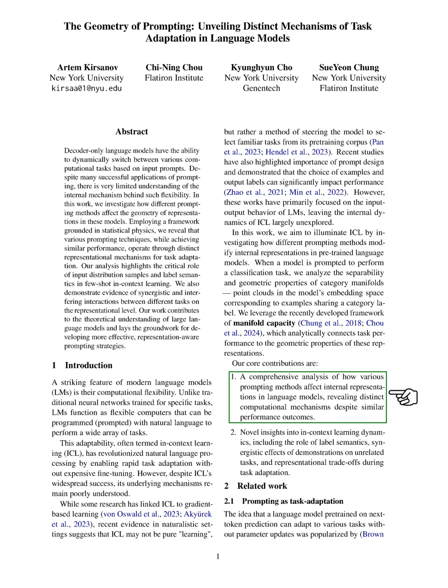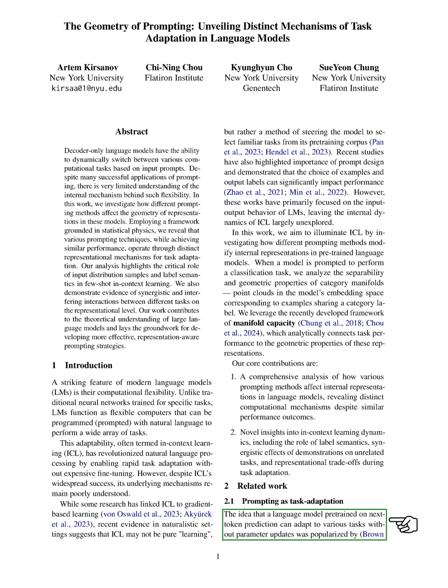Our main contributions include a thorough analysis of how various prompting methods influence internal representations in language models, revealing different computational mechanisms even when performance appears similar. We will also provide new insights into the dynamics of in-context learning, such as the significance of label meanings, the combined effects of demonstrations on unrelated tasks, and the trade-offs in representation during task adaptation.